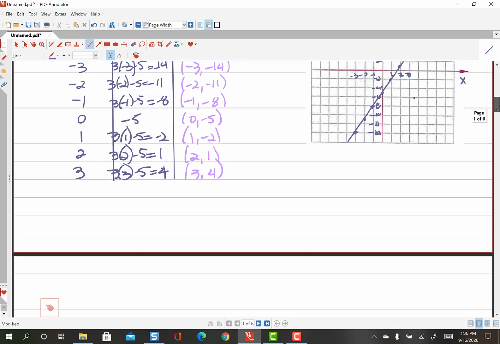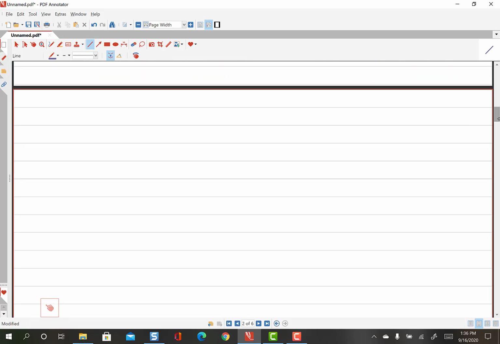All right, so let's try one more here where we're going to be plotting points. Let's say I wanted to graph something that looks like y is equal to 4 minus x squared.